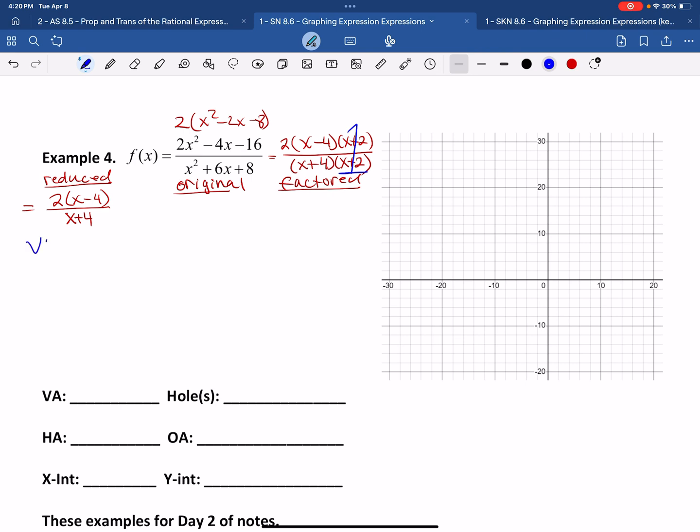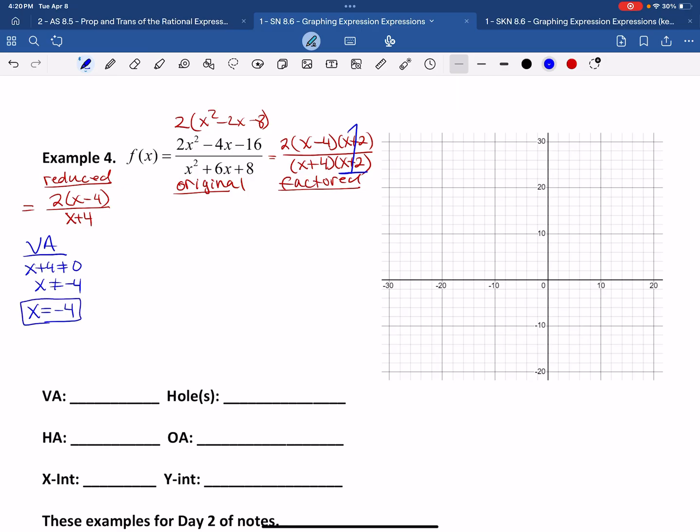Vertical asymptote. Remember, vertical asymptote comes out of reduced form, and I've got an x plus 4. So I'm going to say x plus 4 cannot equal 0. So x cannot equal negative 4. So remember, that means the equation will be x equals negative 4 for an asymptote.